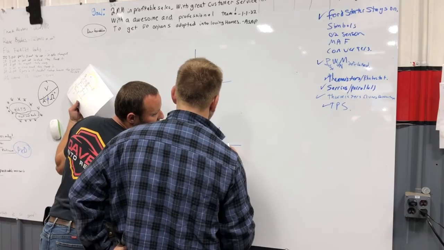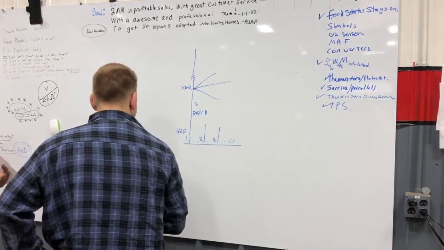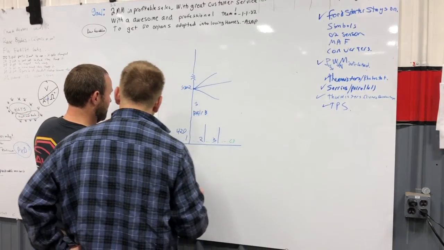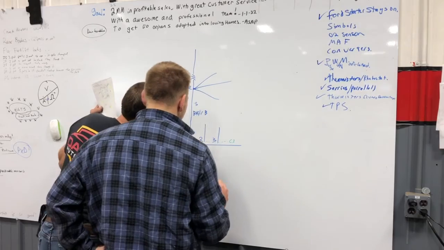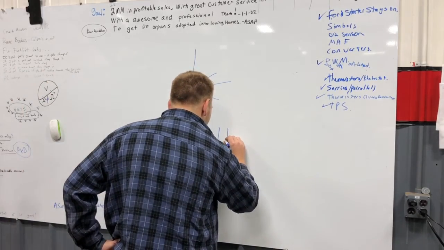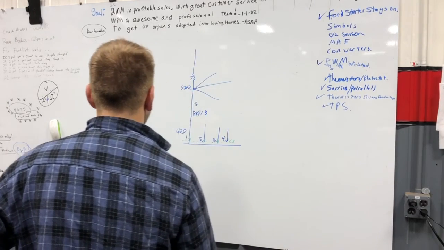Oh, yeah. And at the end it'll say C3 PCM. Yeah? Yeah. So, last time we had a connector. There you go. Cool. 1, 2, 3, 4. That make sense, guys?